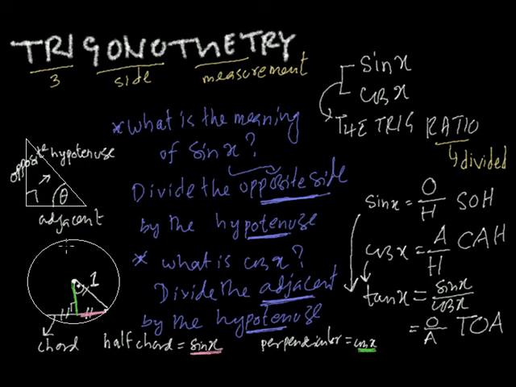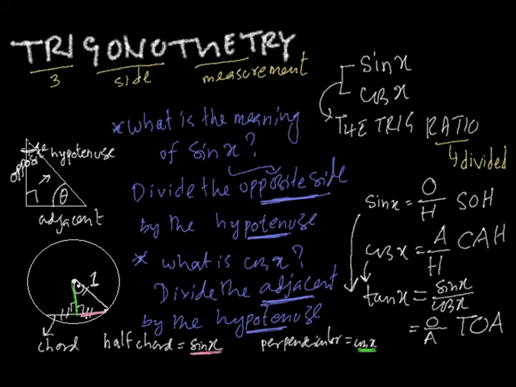So in terms of circle, sine x is half the length of a chord and cos x is the perpendicular from the center to the half chord. So this is the definition of sine x and cos x, originally coming from the circle. Now if you think of this right angle triangle, and consider this angle to be x, then sine x would be the ratio of the opposite.